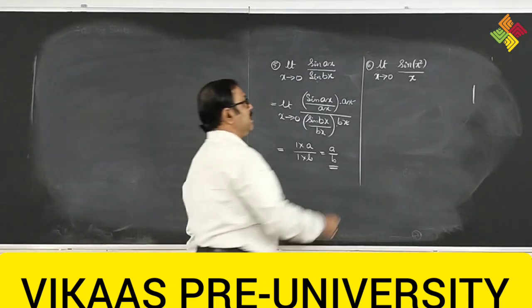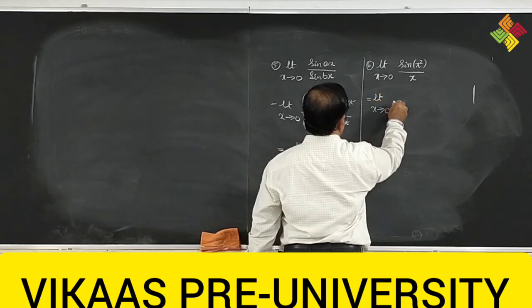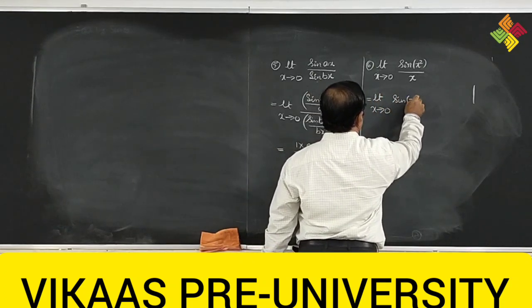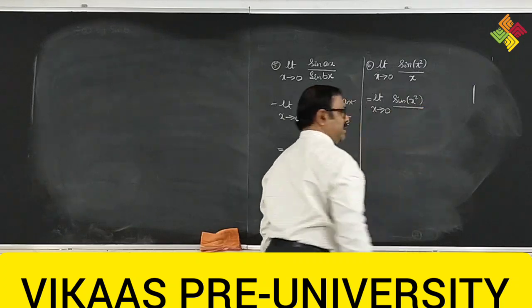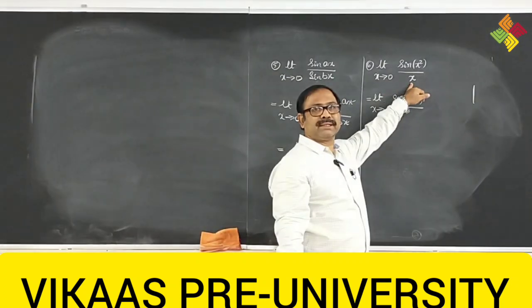First write it as limit x tending to 0 sin of x square, and in the denominator you have x.